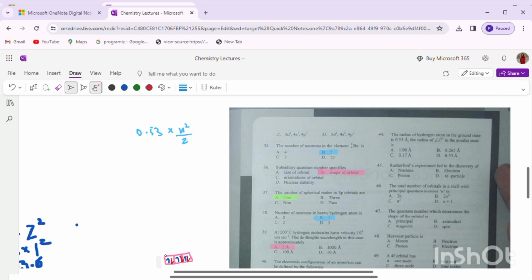Here we were finding it for hydrogen, that's why I didn't write 1. But here our atom is lithium, whose atomic number is 3, so we need to write that.